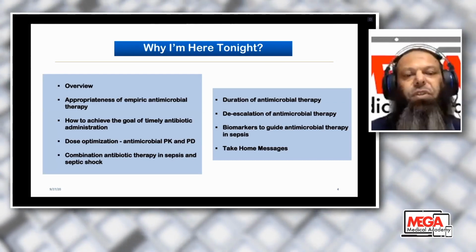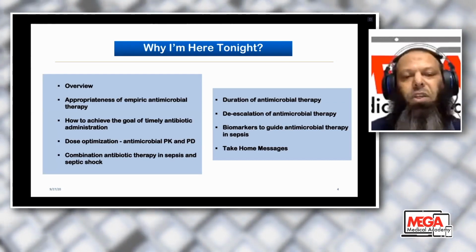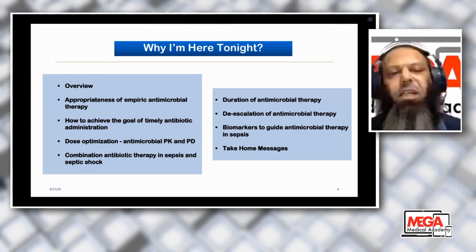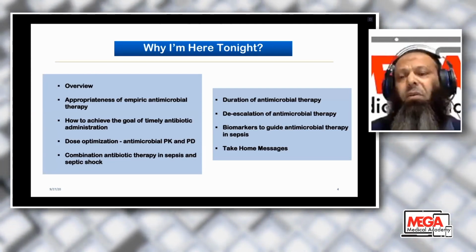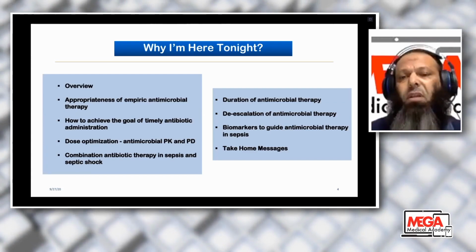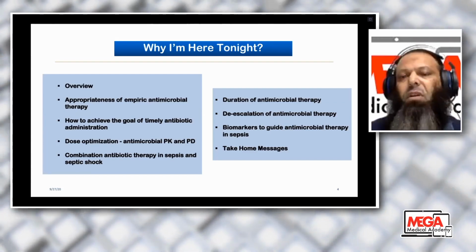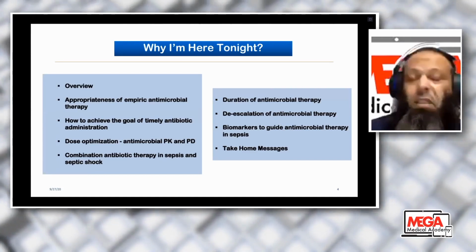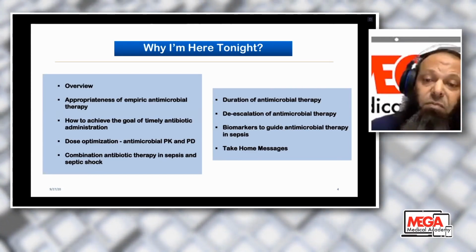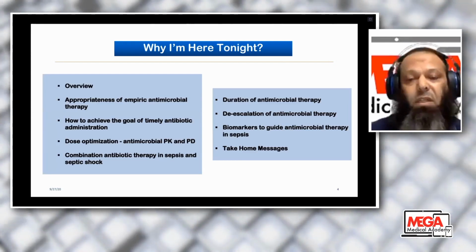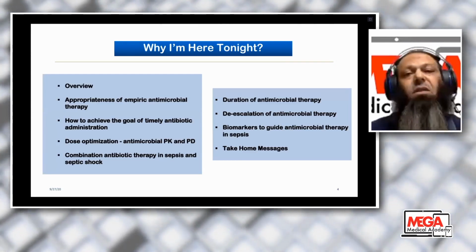Third is the dose option. Fourth is the combination of antibiotic therapy in sepsis and septic shock. Fifth is the duration of antimicrobial therapy. Next is the de-escalation of antimicrobial therapy. And lastly is the use of biomarkers to guide antimicrobial therapy in sepsis. And I will sum up with some take-home messages.